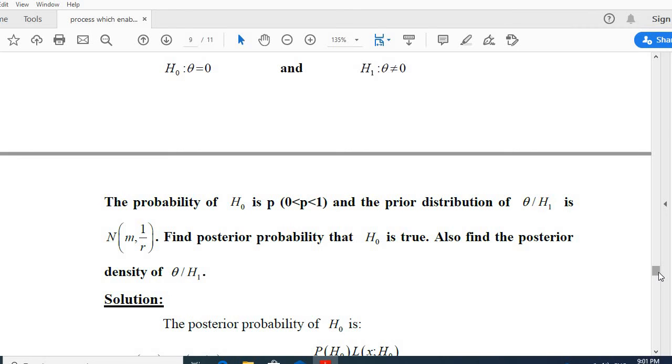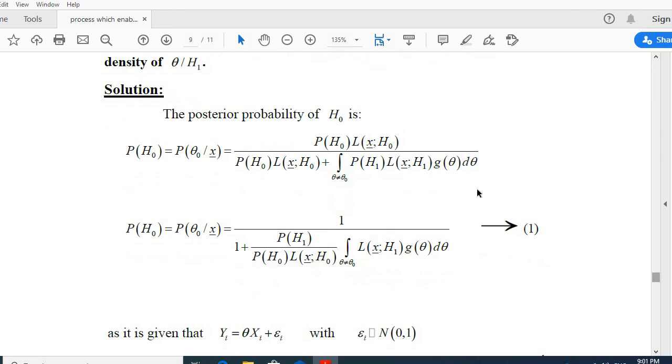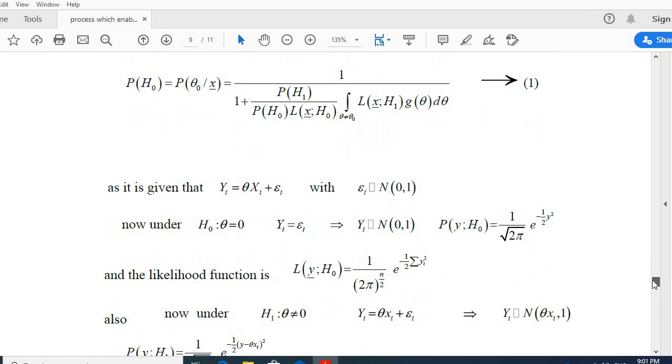The posterior probability of H1 is given by the formula which we have already given in the previous page. Now yi is equal to θ xi plus epsilon i, where the error epsilon i is normally distributed with mean 0 and unit variance.